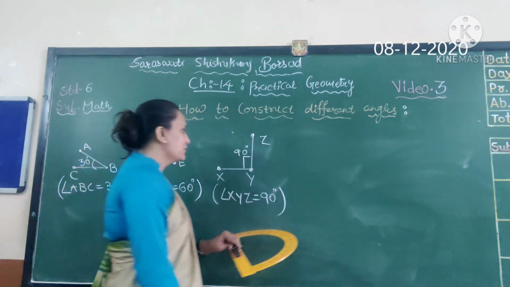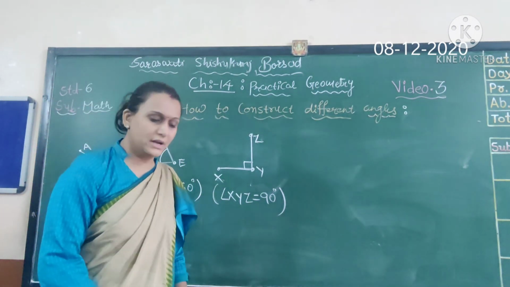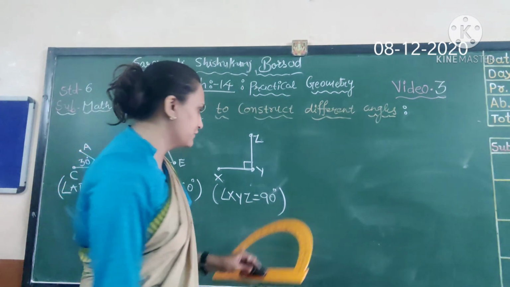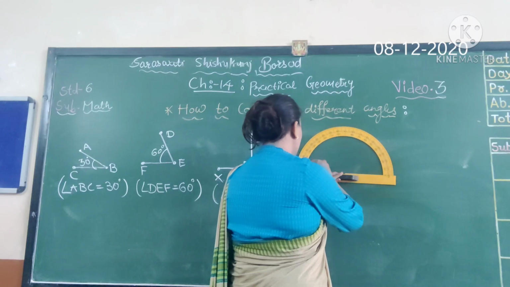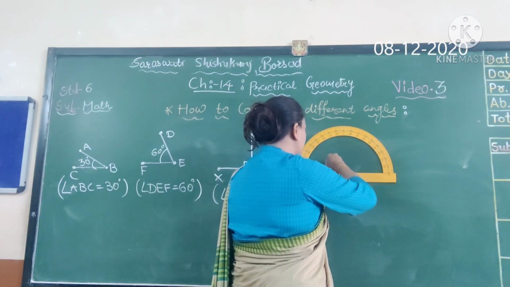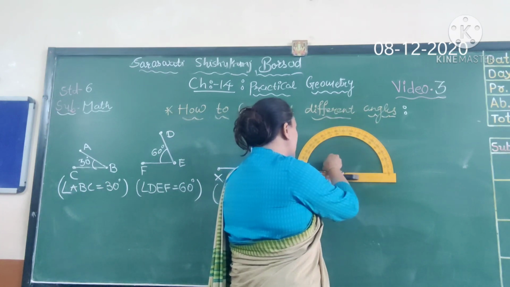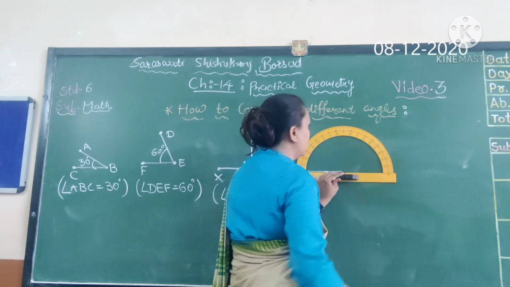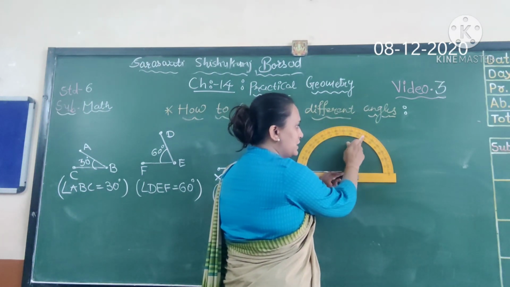Clear? Now if you want to construct 120 from the left hand side, again we have to draw a straight line here on the left hand side. Okay. Now we want to draw 120 degree. So 120 degree is greater than 90 degree. Okay. So this is your 90 degree and 120 is here.